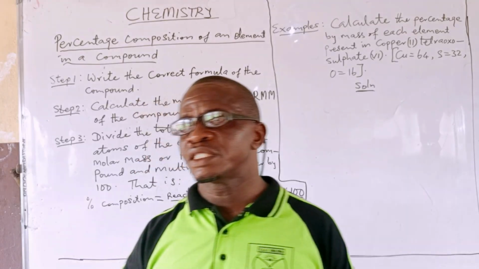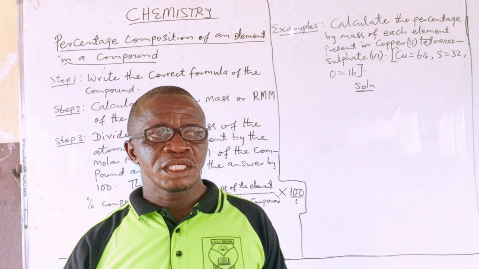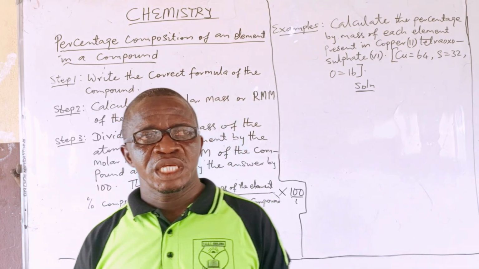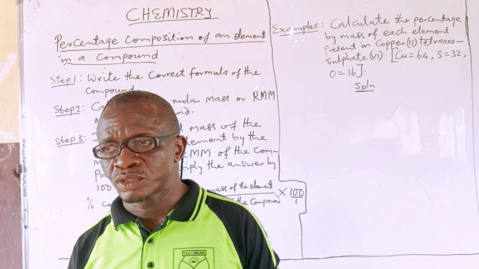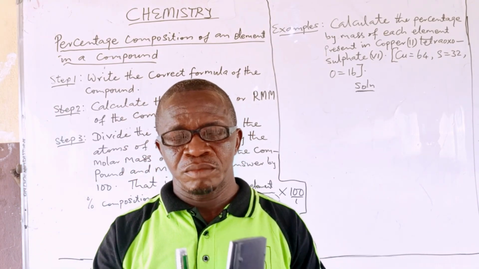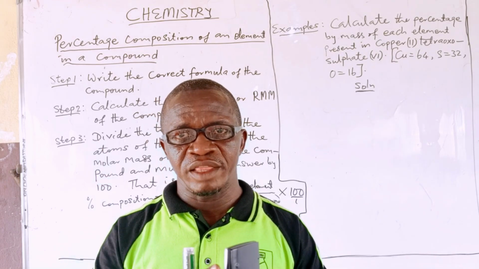So what that means is that if the atom you are trying to calculate the percentage composition of in a compound contains two atoms, multiply the atomic mass by 2. If it is 1, just take that one. If it is 3, multiply it by 3.